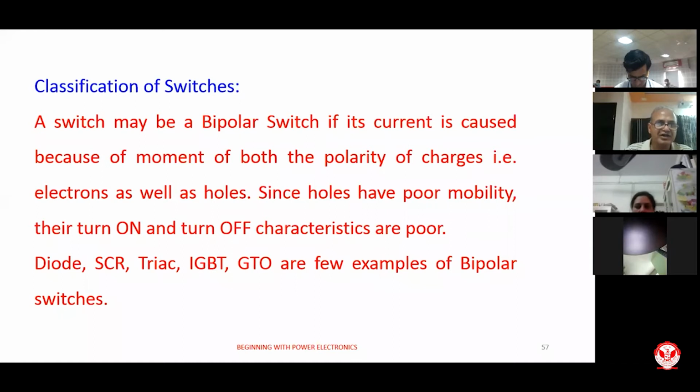So generally we avoid bipolar static switches if we want to go for higher switching frequencies. Diode, SCR, TRIAC, IGBT, GTO are a few examples of bipolar switches.